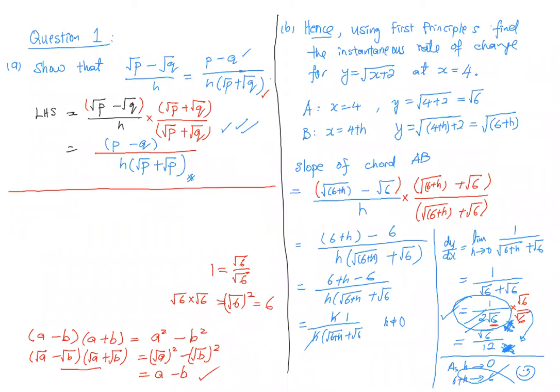So you have to be very clear which part is my explanation, which part is the working. If you want to write it down there, it's also fine. It doesn't matter, so that people will know what you are talking about.